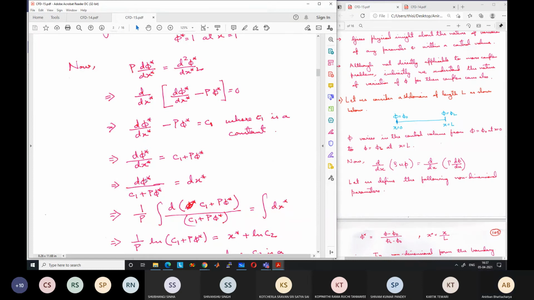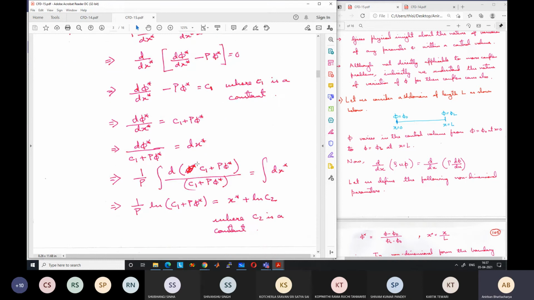Okay, d of P phi star is equal to also d of some constant plus P phi star, because derivative of constant is anyway 0. So we can write that as d of (c1 plus P phi star). Okay, so 1 by P, derivative of (c1 plus P phi star) divided by (c1 plus P phi star) is equal to integral of dx star. I hope this is very clear. This is just class 12 algebra or class 11 algebra integration.